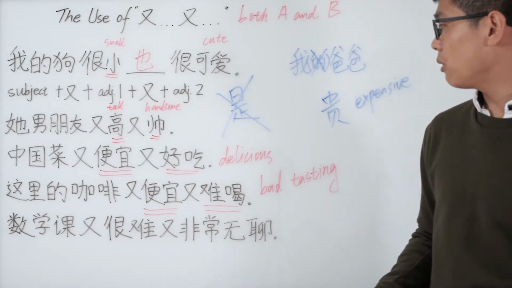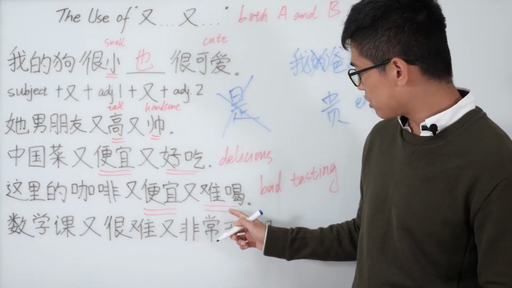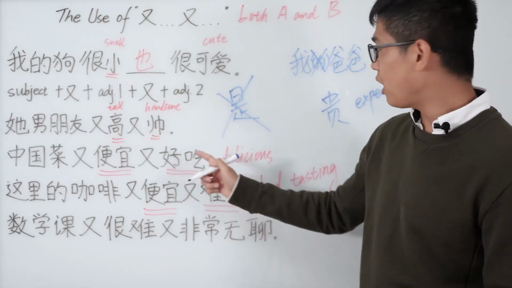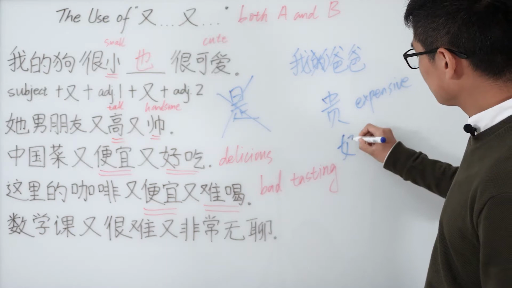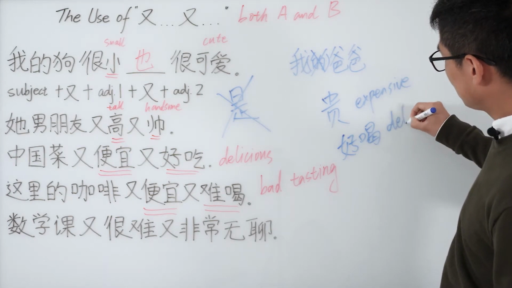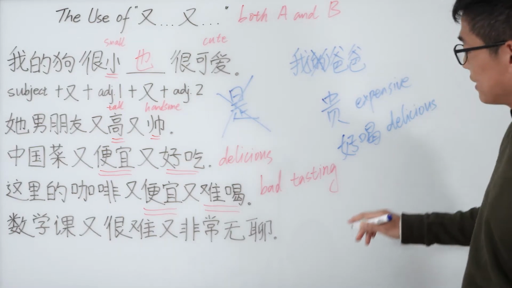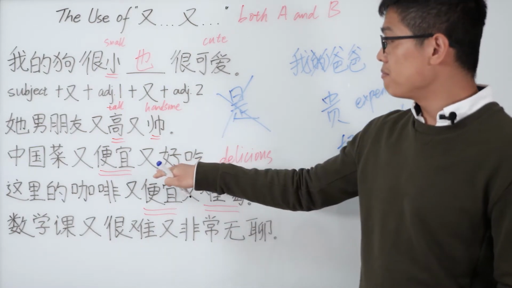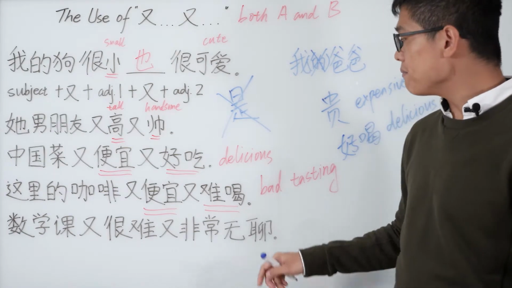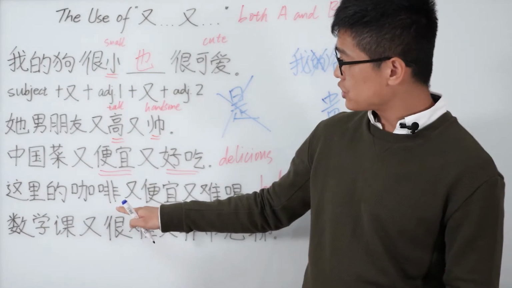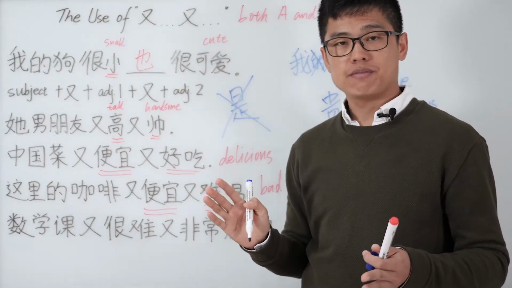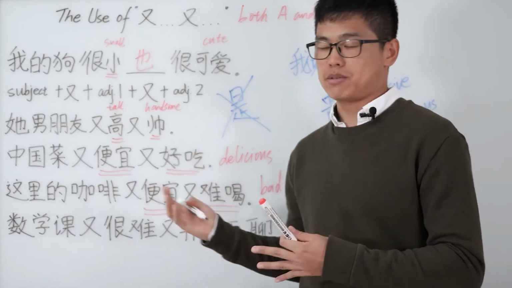Or you can also change this part, 难喝 to 好喝, right? 好喝. It also means delicious, but this time instead of food, it means drink. Okay? So remember this. When you use yo-yo structure, the two adjectives have to be on the same side.